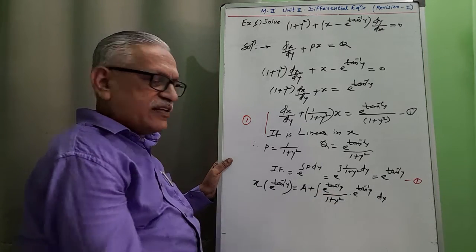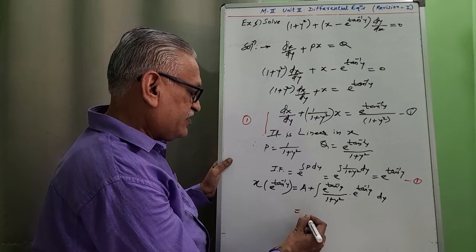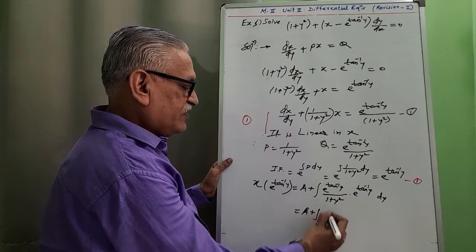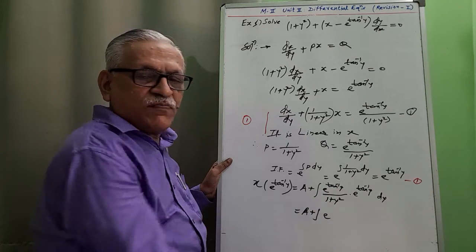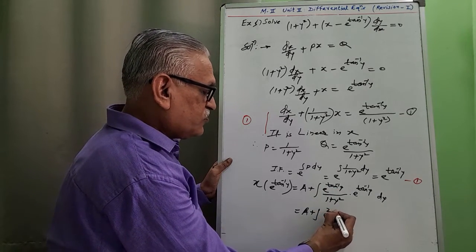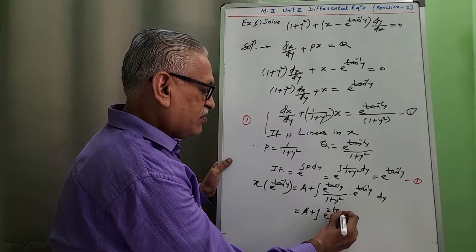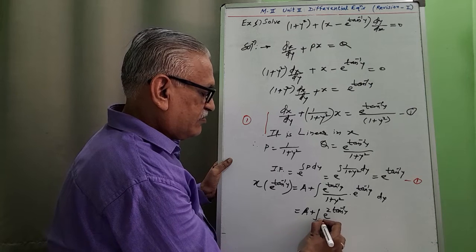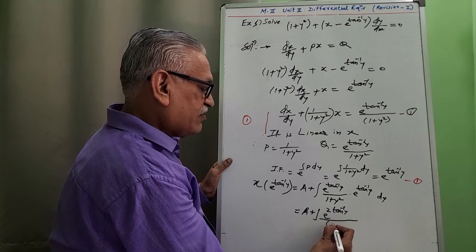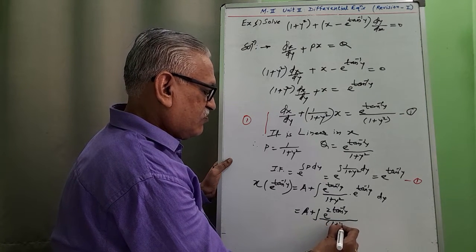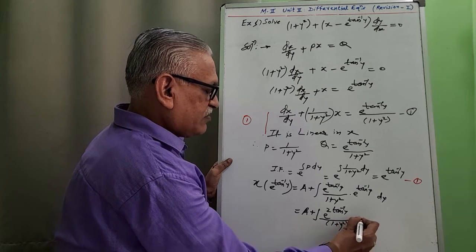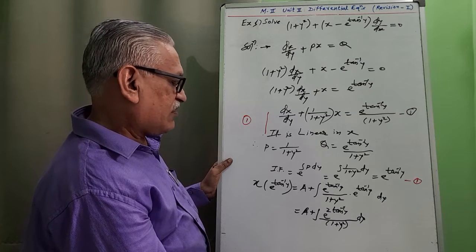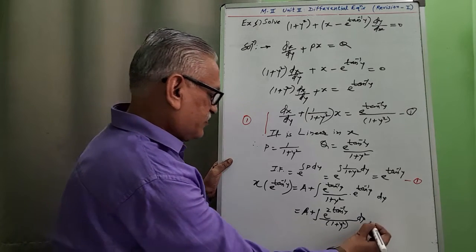Same base, therefore we can add the powers, and I can rewrite this as a plus integration of e raised to tan inverse y plus tan inverse y, which is 2 times tan inverse of y, whole divided by 1 plus y square, its integration with respect to y. We call this equation 2.